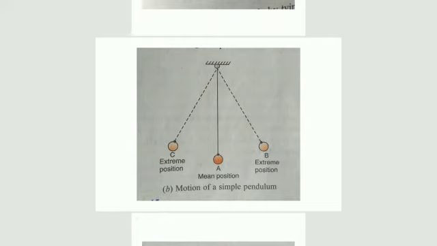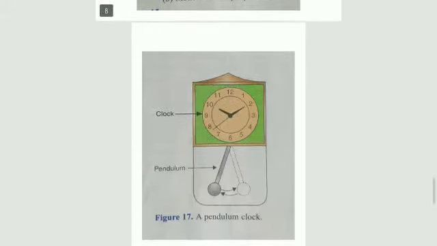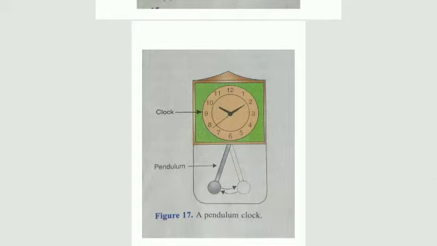C to A to B, B to A, and A to C is called one to and fro or one oscillation. This is a pendulum clock, worked by the pendulum.